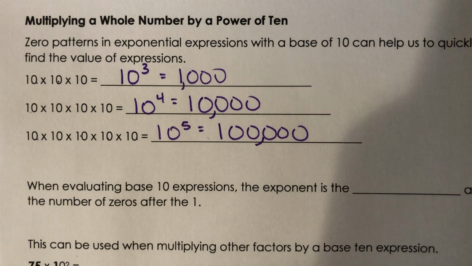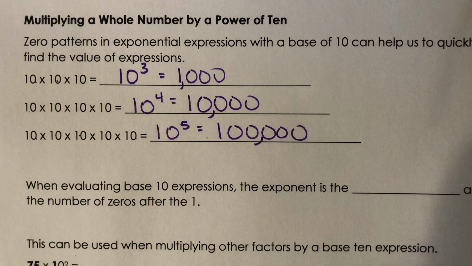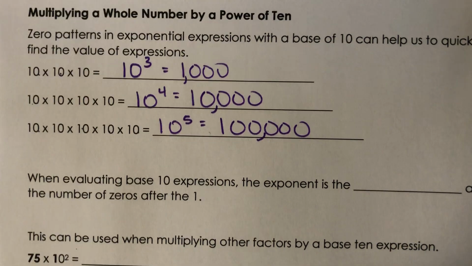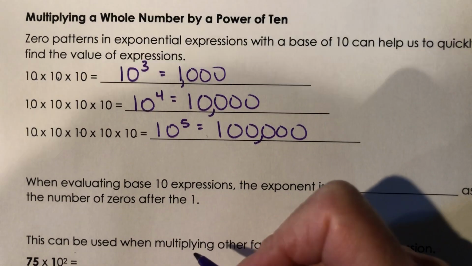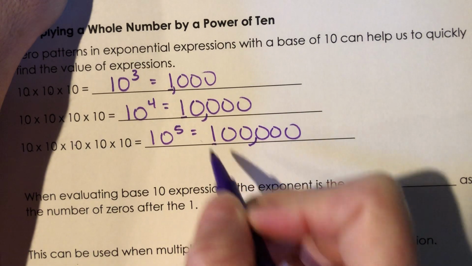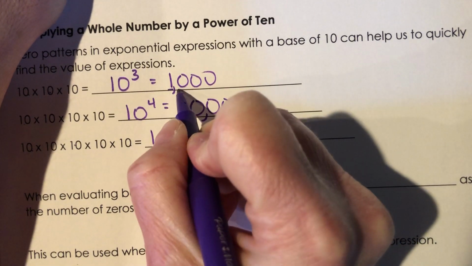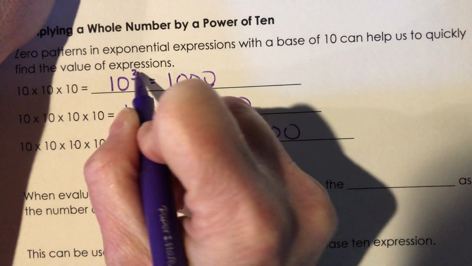All right, so I want you to pause this, and I want you to see if you can figure out a pattern with how many zeros you see after that 1. Press pause, press play when you think you've come up with a pattern. All right, welcome back. I am wondering if you noticed that all of these start with 1, right? And here there are 3 zeros, and my exponent is 3.